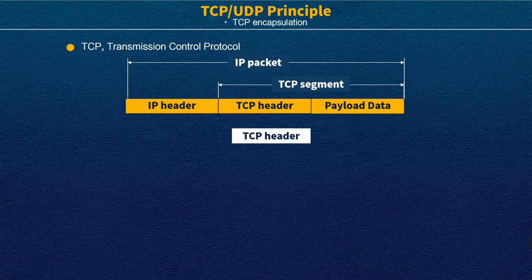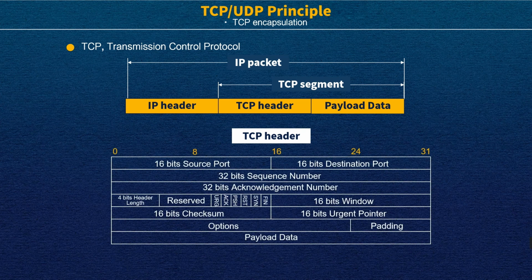So about the TCP header, what's the message we will add into the header? We have so many bits in the TCP header, and we will use this message to keep the reliable service of the TCP.